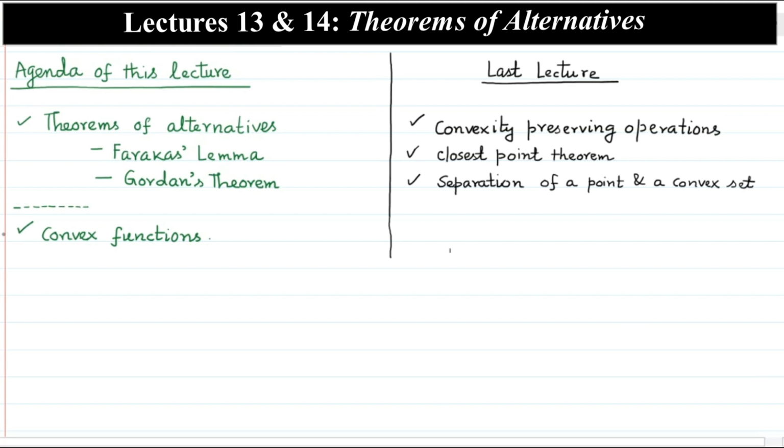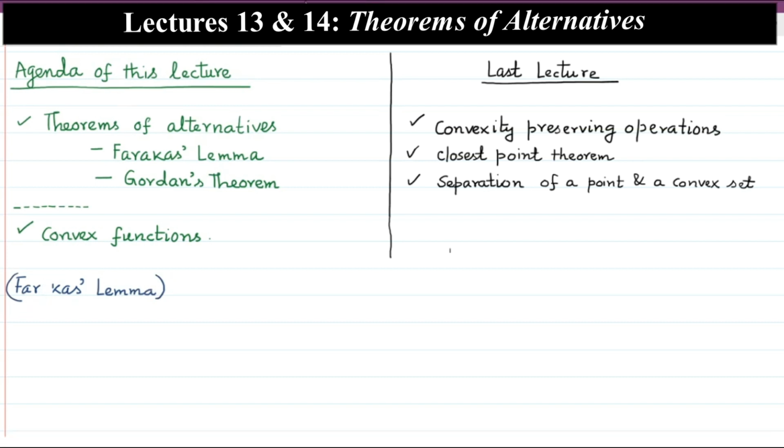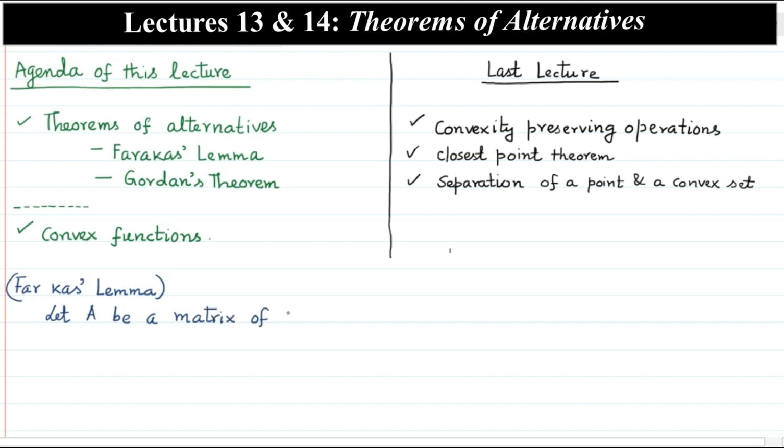The Farkas lemma states the following. Let A be a real matrix of order m by n, and c be a vector in the n-dimensional Euclidean space.